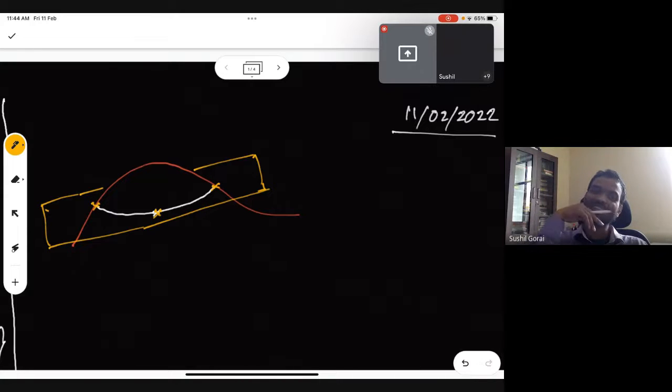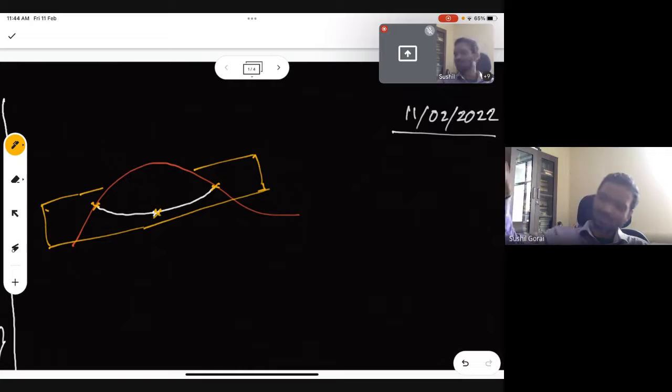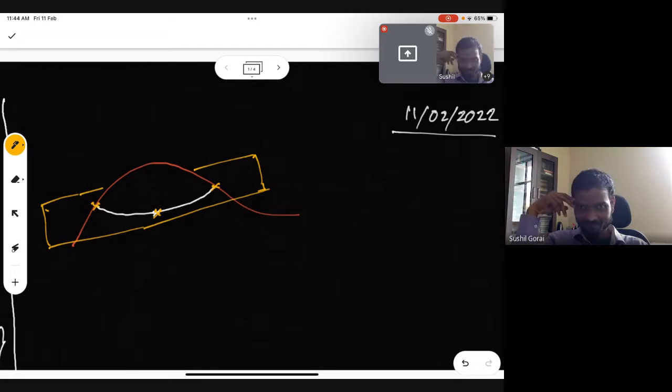So, what is the problem here? In this approach, what is the problem? Can you tell me? You might have heard that for determining a plane, you need 3 points.